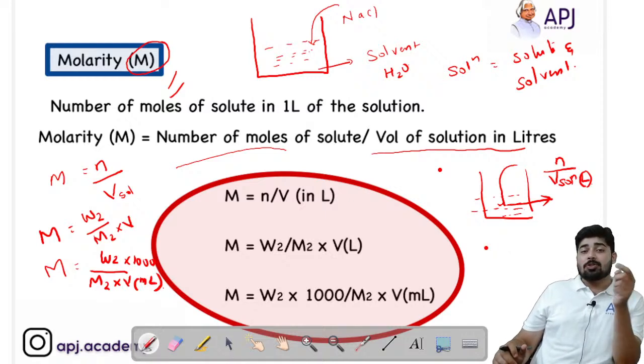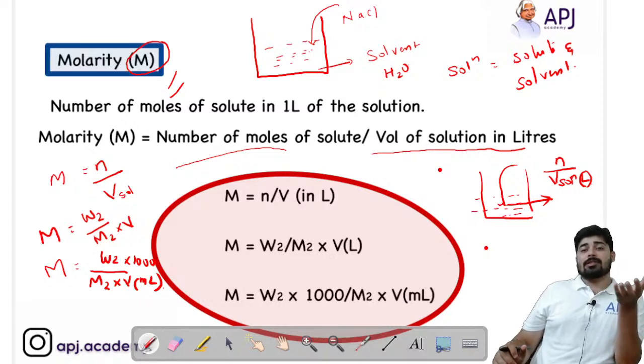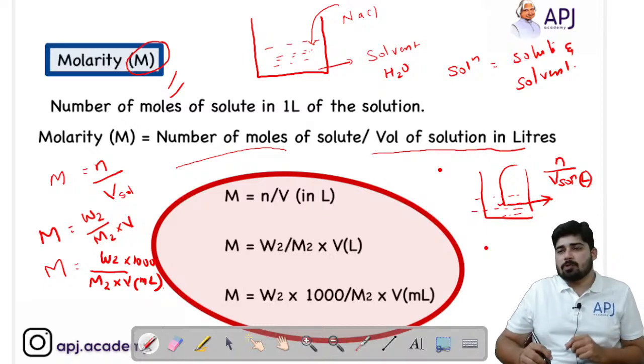In that case, you have to find the number of moles, or use the second equation. And in certain questions, the volume of solution will be given in ml. In such a case, you have to multiply the numerator by 1000 in order to find the molarity. Hope this is clear for you students.